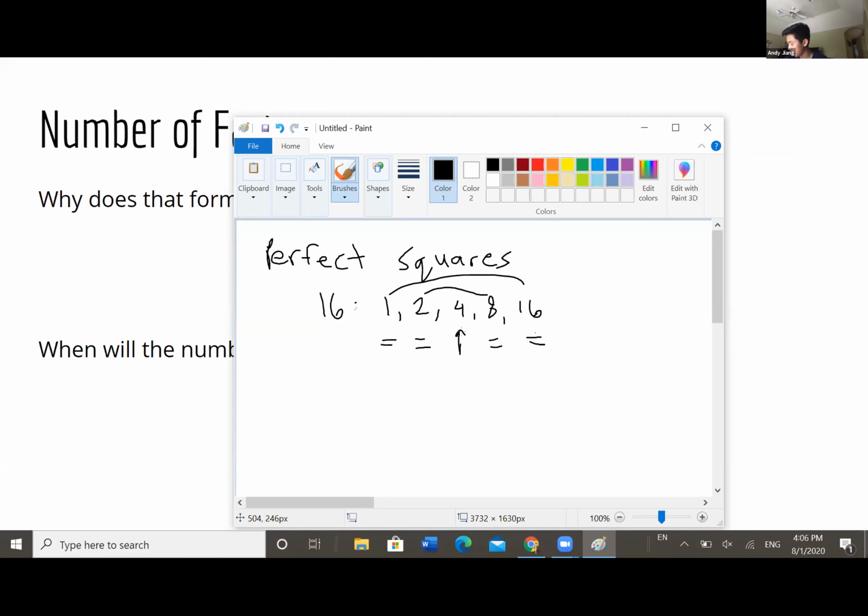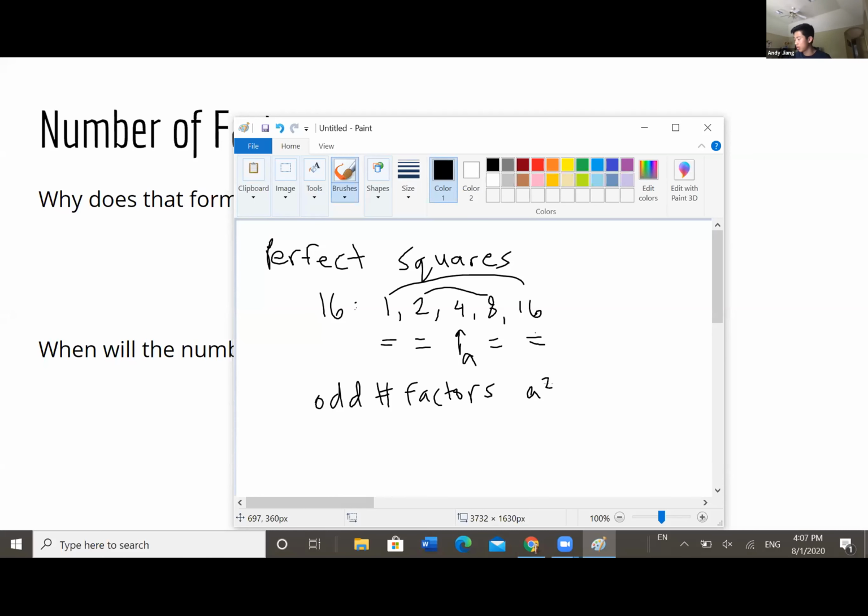So if there's an odd number of factors, there exists one number that pairs with itself, which means that the number is that number squared. So it would be a squared, right? Even is just if the number is not a perfect square.